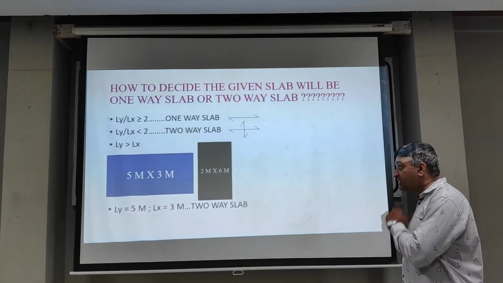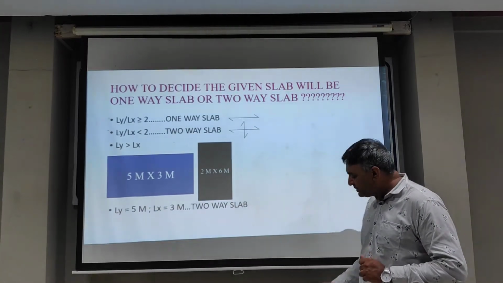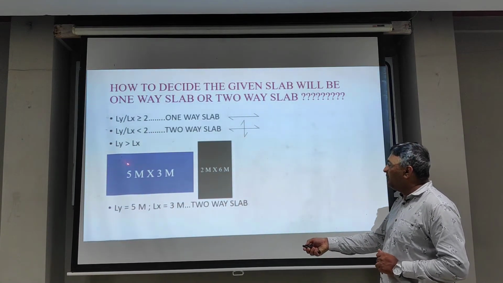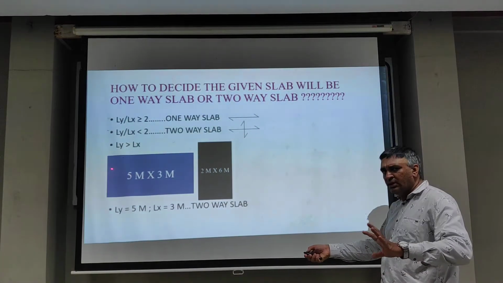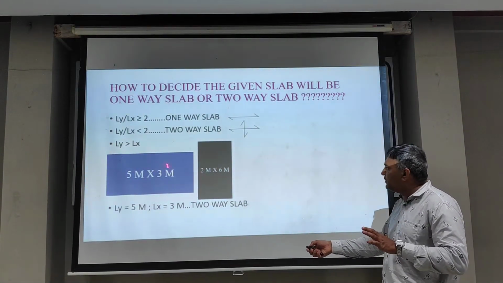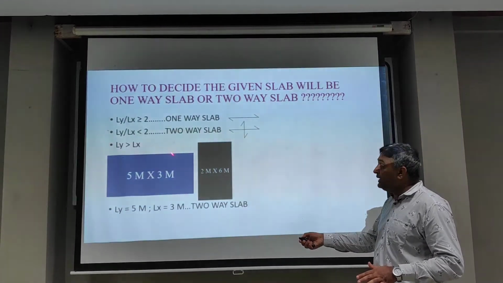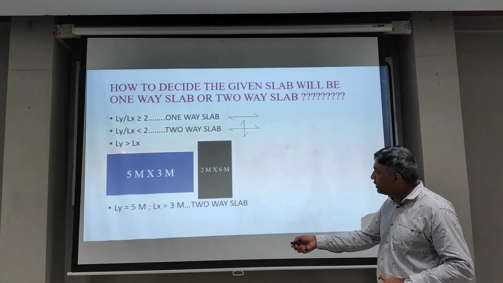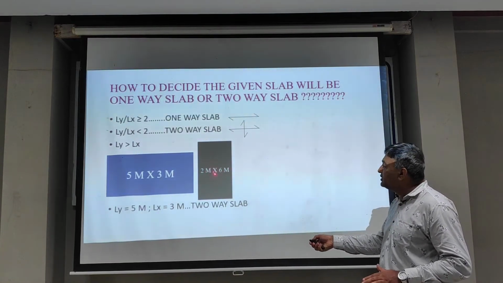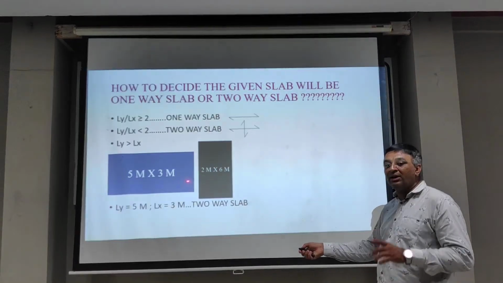Now this is another example, 2 by 6. Sometimes students take the first as Ly and the second as Lx. Not like that. Here Ly is not 2. I told you Ly is always the bigger of the two figures. Which one is more? 6 meters. So 6 meters is your Ly and 2 meters is your Lx.